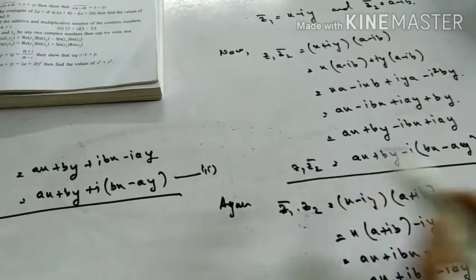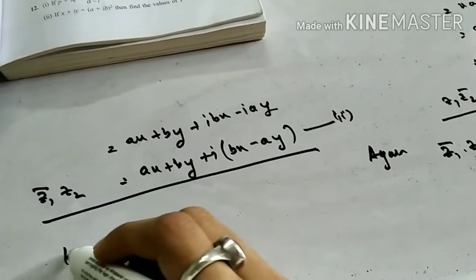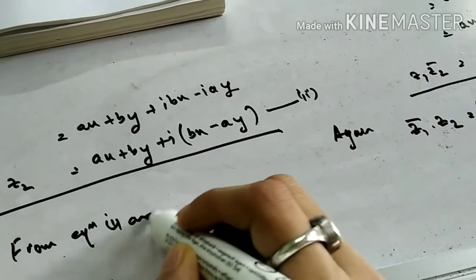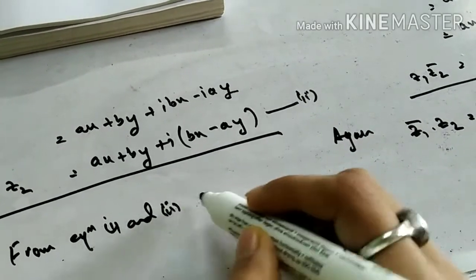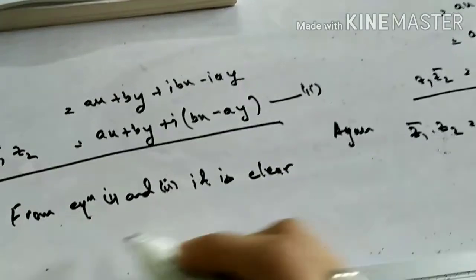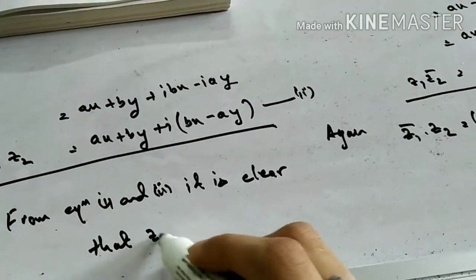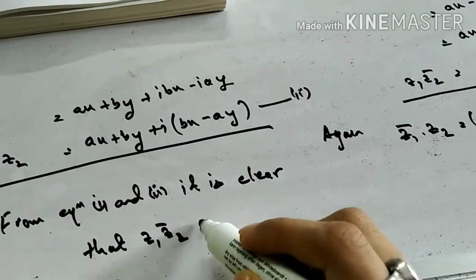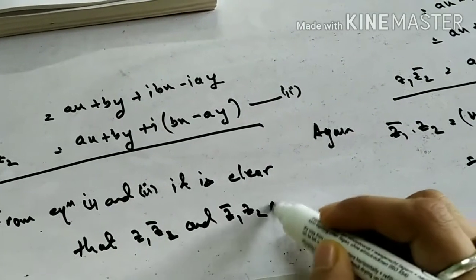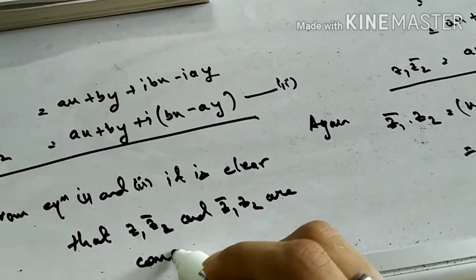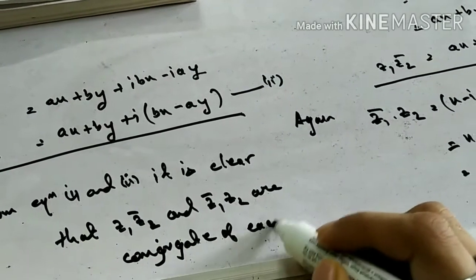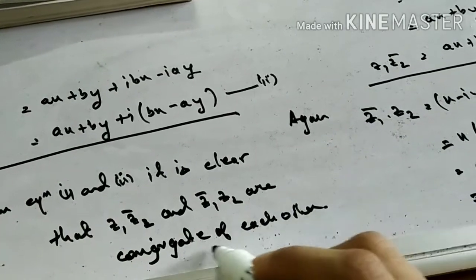So from equation 1 and 2 it is clear that z1 z2 bar and z1 bar z2 are conjugate of each other.